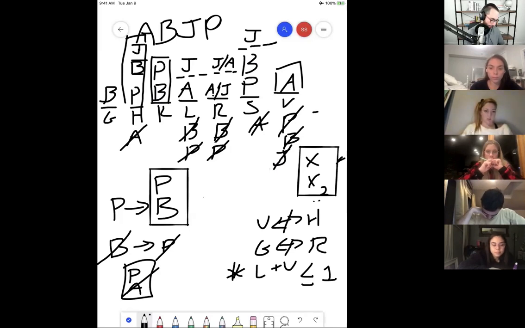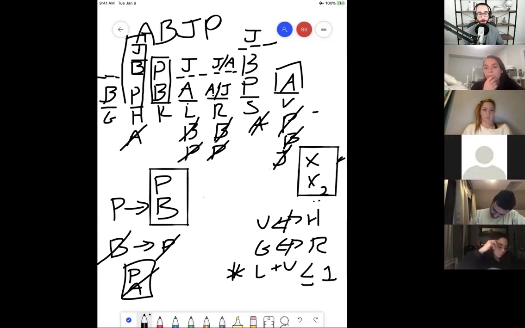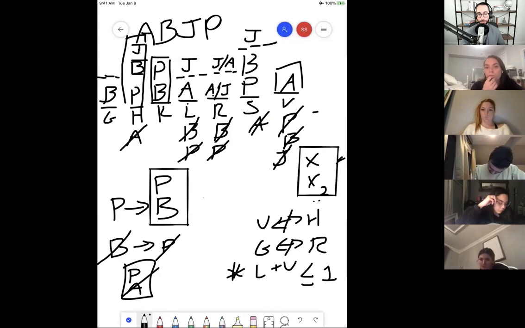It might have J. It might have A. It might have P. It's not going to have all of those, though, because P and A conflict. So G has 1, possibly 3. Open-ended. Lots of ambiguity here, lots of flexibility here.